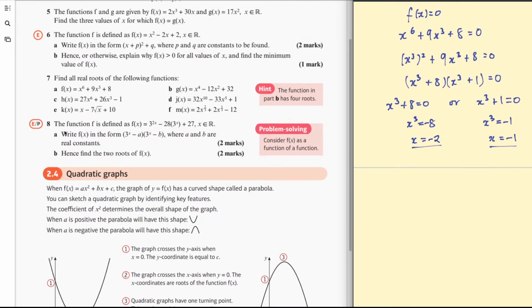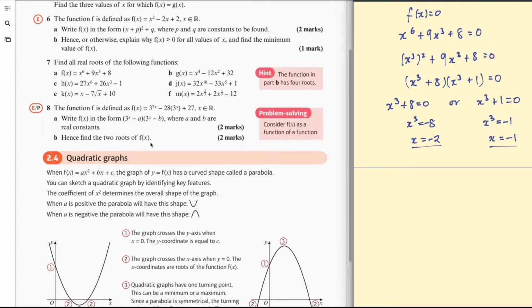The last question says the function f is defined as f of x equals 3 to the power of 2x take 28 multiplied by 3 to the power of x plus 27. Write f of x in the form 3^x take a multiplied by 3^x take b, where a and b are real constants, hence find the two roots of f of x.